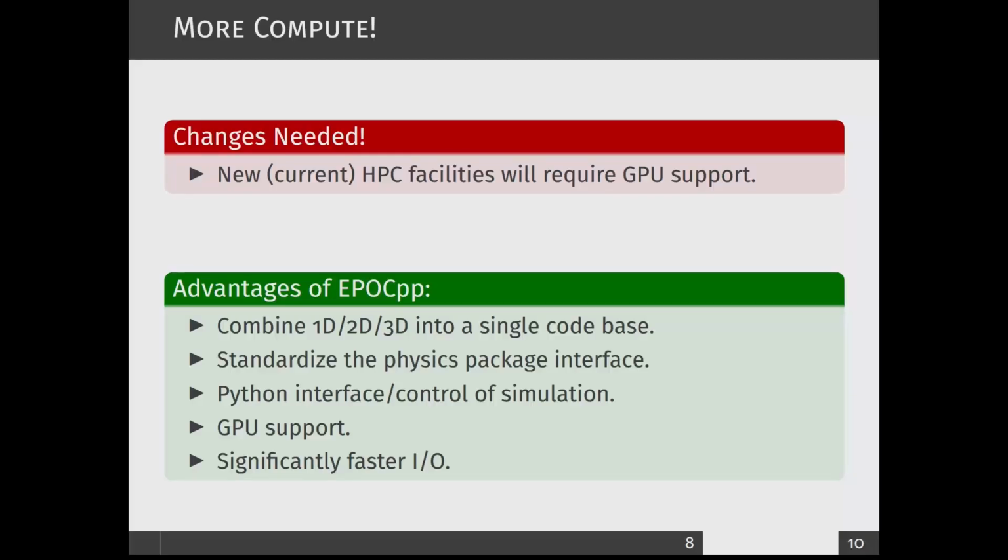And so I think the I/O is at least an order of magnitude faster, if not even better. So you no longer have to stop your simulation 3 hours before the wall clock time to write that final output. Okay, so EPOCH++, I would argue, is the one you really care about of the 3 things I mentioned.